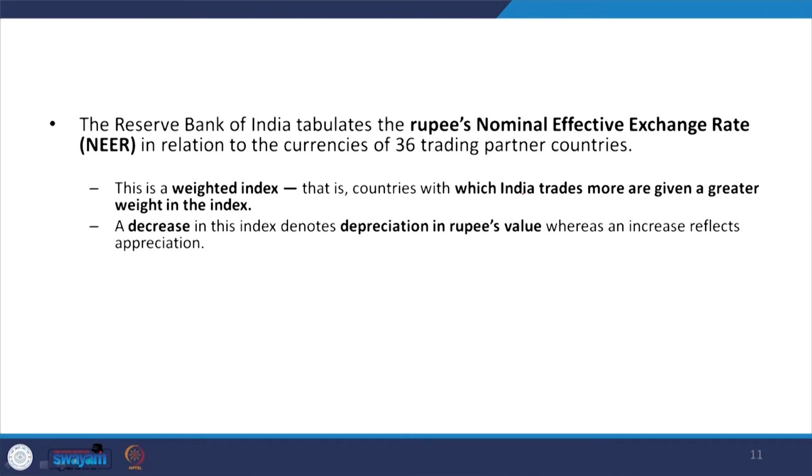Now, coming to further clarification related to NEER and REER, the Reserve Bank of India tabulates the rupee's nominal effective exchange rate, called NEER, in relation to 36 trading partner countries. As we already mentioned, it is a weighted index, where the countries with which India trades more are given a greater weight, where the trade volume is higher.